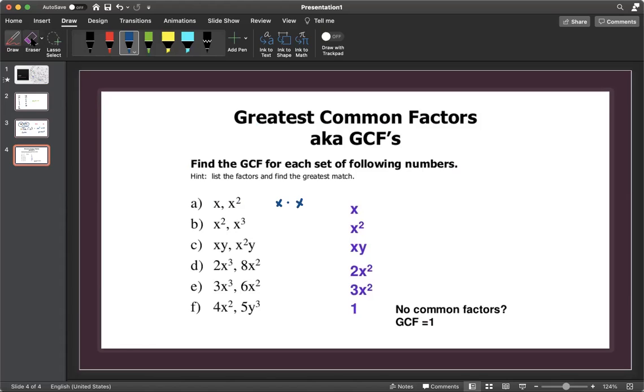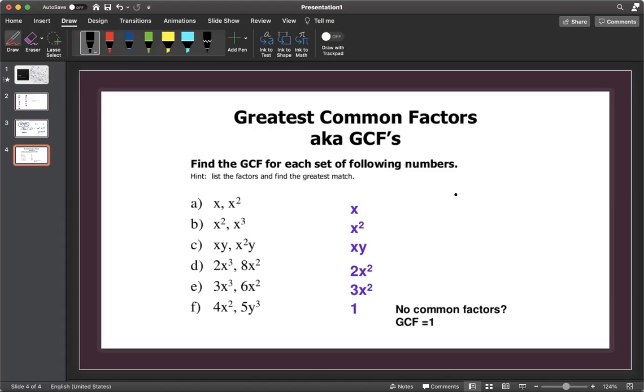Next, if I am looking at B, we have x squared and x cubed. That means we have 2 x's or we have 3 x's. Our greatest common factor is going to be x squared. And then if you look from C all the way through F, you are going to think what do they have in common?